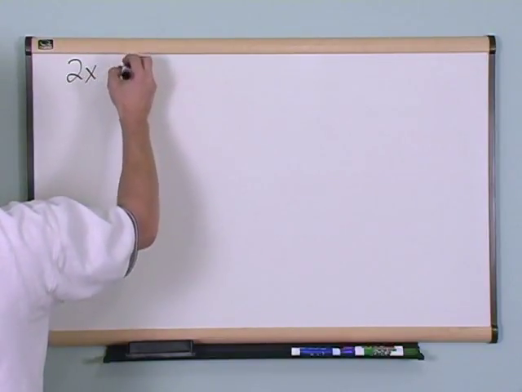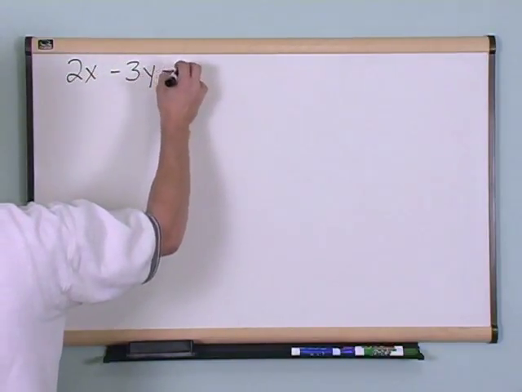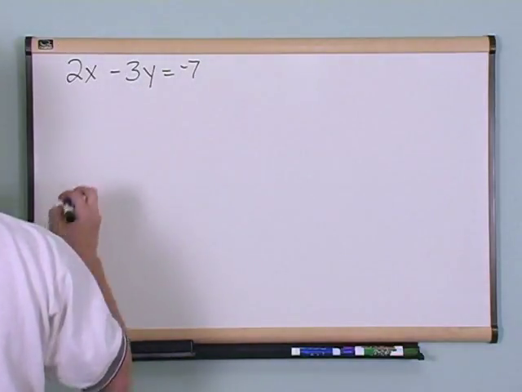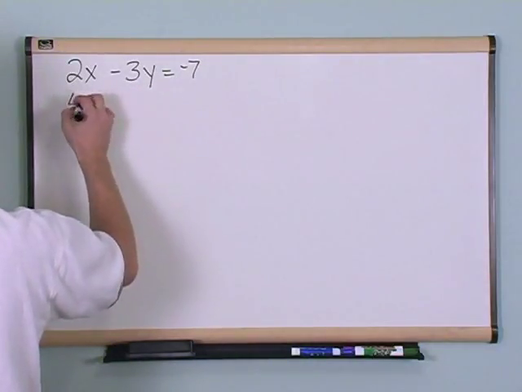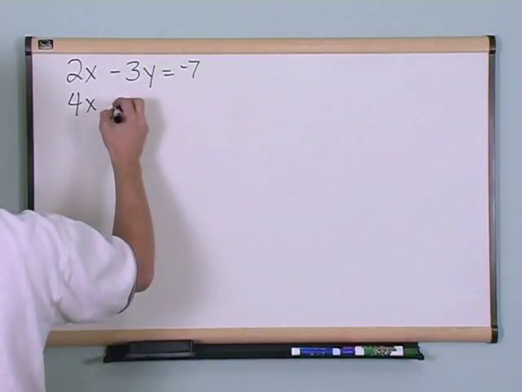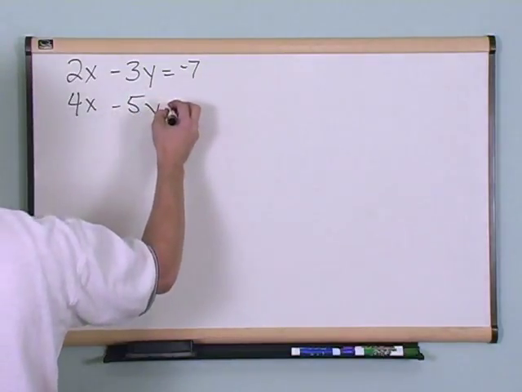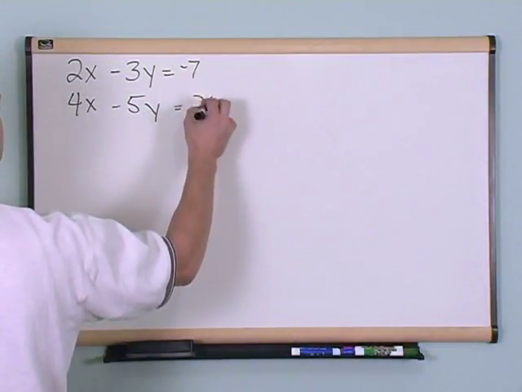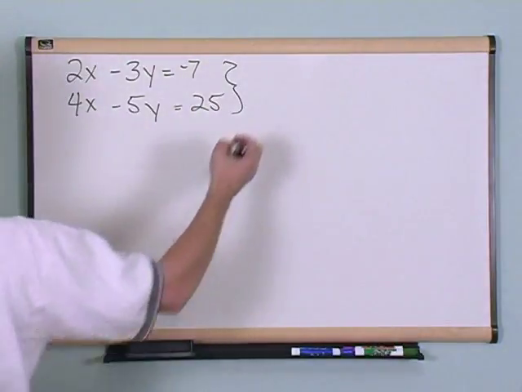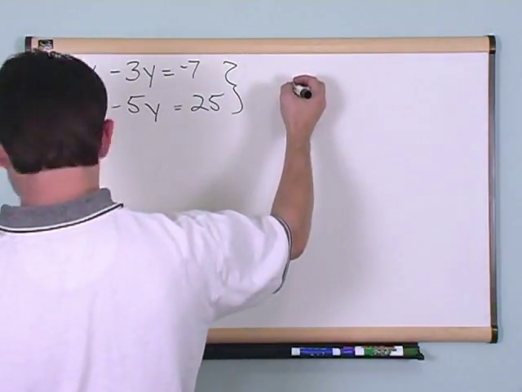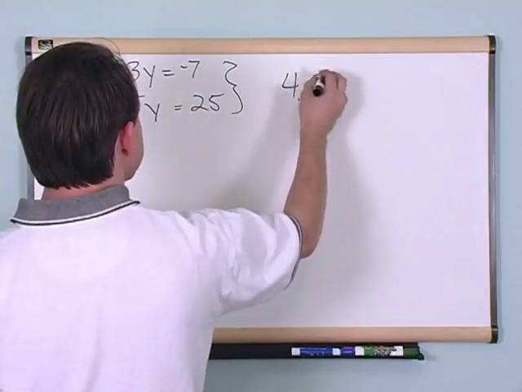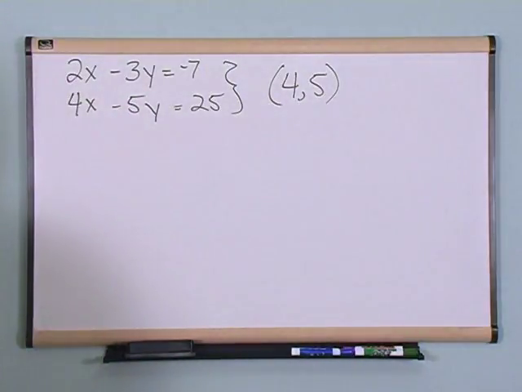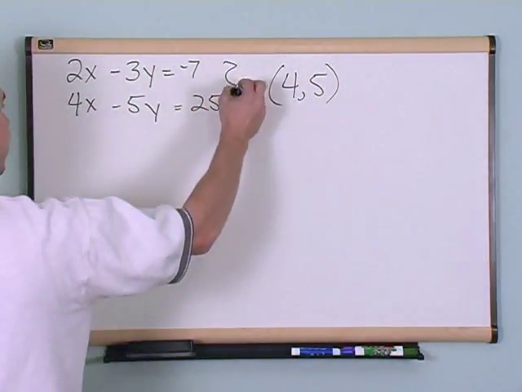2x minus 3y equals negative 7. And 4x minus 5y equals 25. This is the system. And I want to test to see if the point 4, 5 is a solution. So that's the point I want to check.